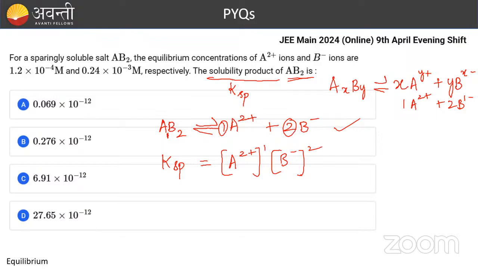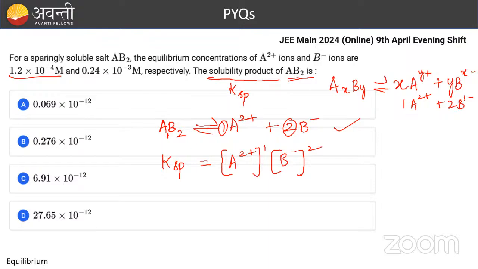In the same way, you write for this also and substitute the values. The concentrations of these two ions are given in the question. For A2 plus ion, it is 1.2 into 10 to the power minus 4. And for B minus, 0.2 into 10 to the power minus 2.